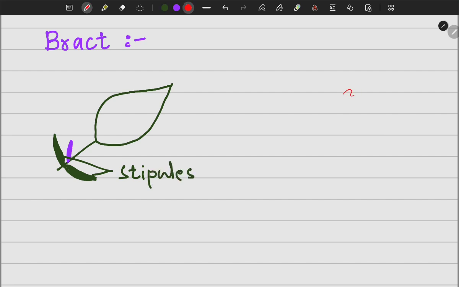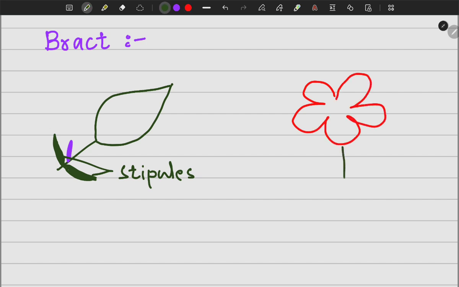Similarly, if we talk about the flower, the stalk of the flower is called pedicel. We studied in the structure of flower. So just like in leaf, the base of the pedicel may have short reduced leaf-like structures, very short leaf-like structures, which are called bracts.